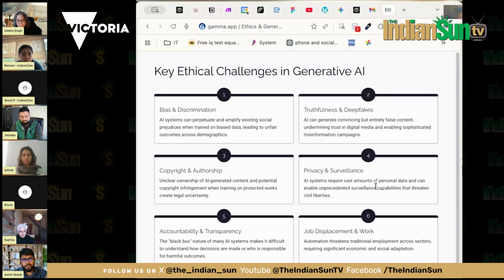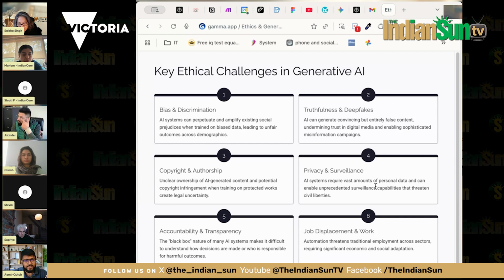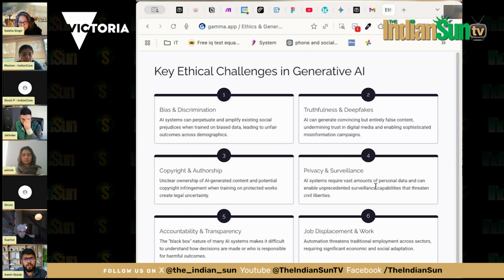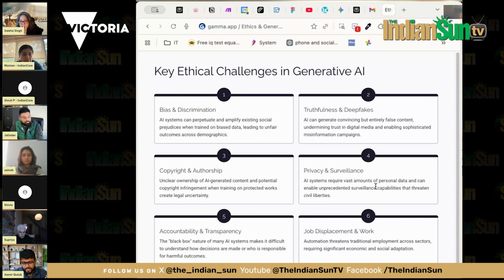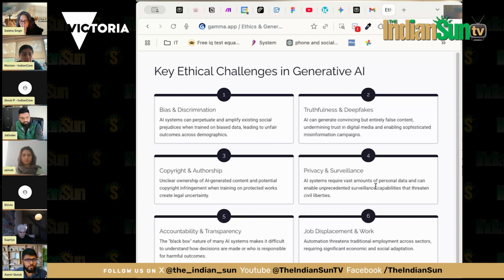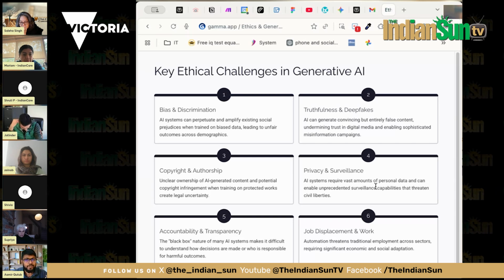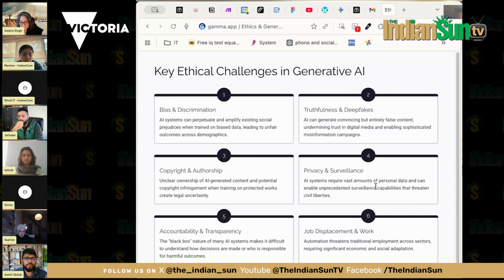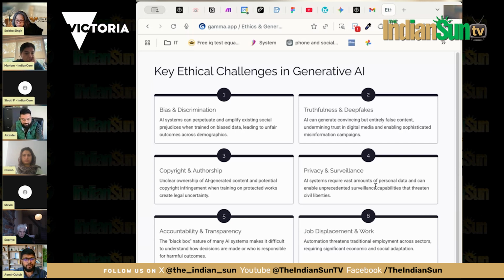Even if you ask it now, these are becoming better. But when we tested some initial models, if you asked it to create a photo of a plumber or an electrician or a CEO, in most cases it would create an image of a male CEO or a male plumber.